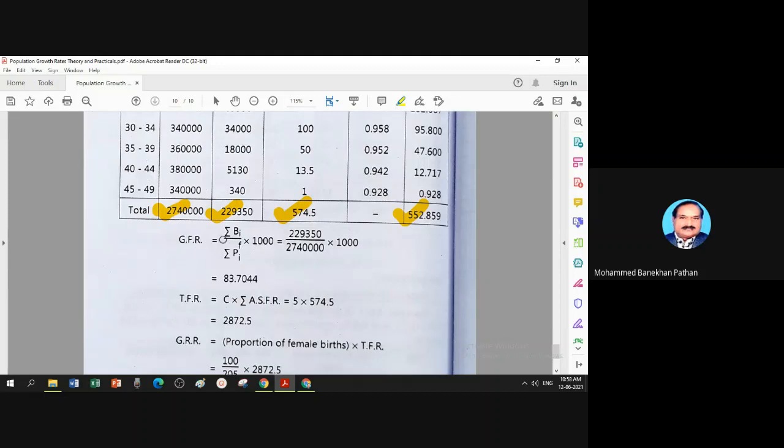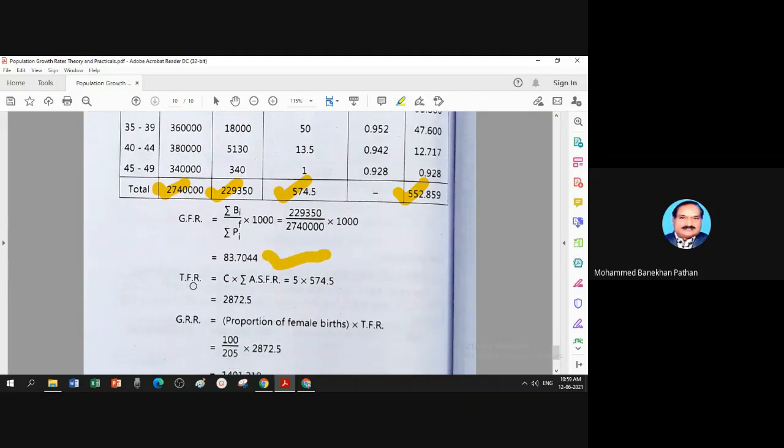GFR: summation of total birth, divided by summation of female population, into 1000, answer is this. TFR is a correction term into summation ASFR. C for correction term, that is adjusted with width of the age group, that is 5.